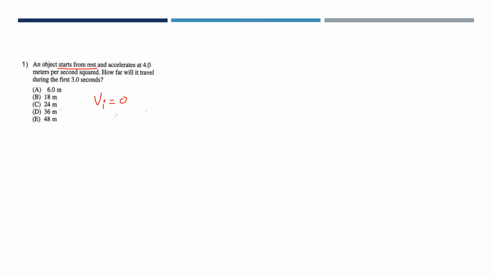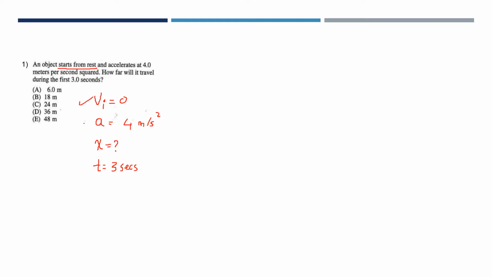It accelerates at 4 meters per second squared, so we have a positive acceleration of 4 meters per second squared. How far will it travel? So we need to find the displacement or distance during the first 3 seconds, so we have t equals 3 seconds.